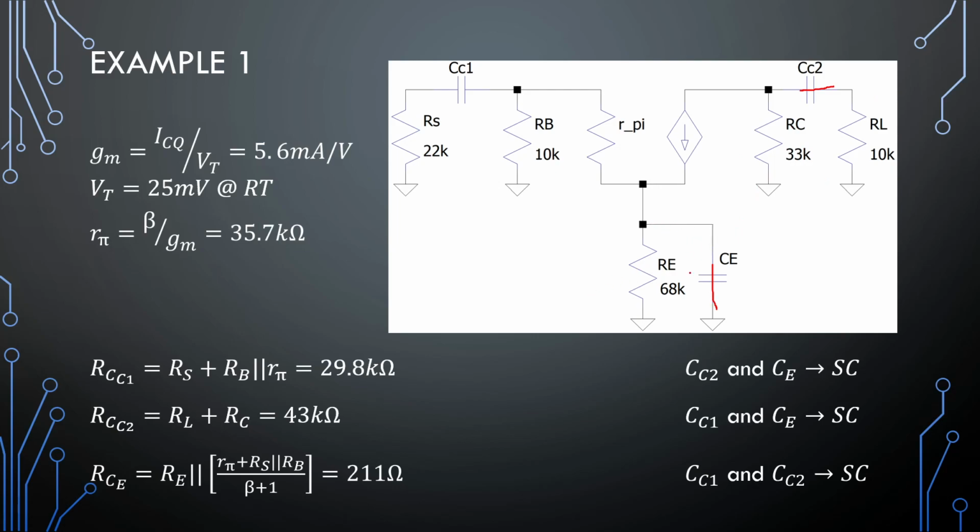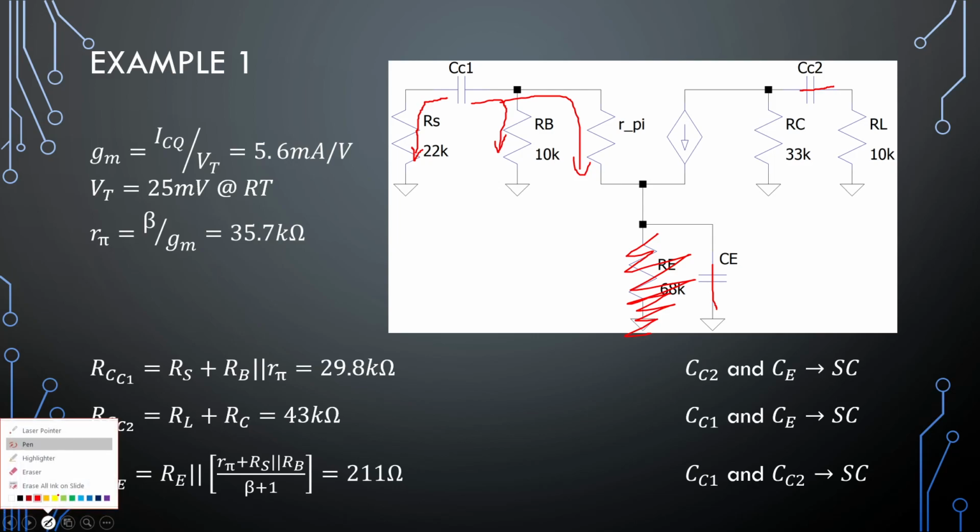If this one is shorted, RE is removed from our circuit. Now we need to check what this capacitor CC1 is seeing in series with itself. So it sees RS and it sees in this direction RB in parallel with R pi. So RCC1 is RS plus RB parallel with R pi.